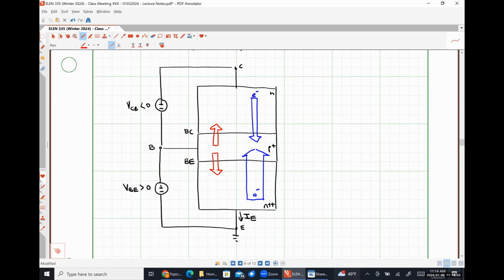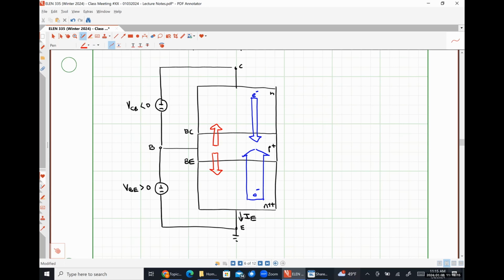So let's talk about things here very briefly, right? To put this in contrast with what was going on with our forward active mode of operation. So in forward active mode, our base collector junction was reverse bias, which means these electrons here, which are the minority carriers for this p-type region, got swept across the base collector junction due to the very strong electric field. But we did not see any majority carriers from the p region move into the collector because of the very, very large barrier potential.